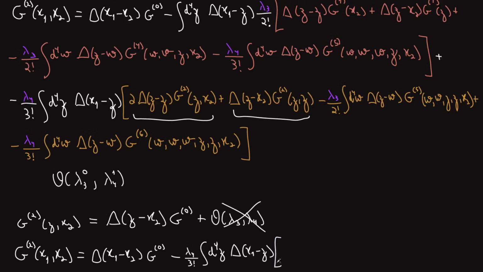And then I have this part where I'll use this expression, so it's a 2 delta z minus z. This is just this. Now delta z minus x2 times G0. This is all I have here.